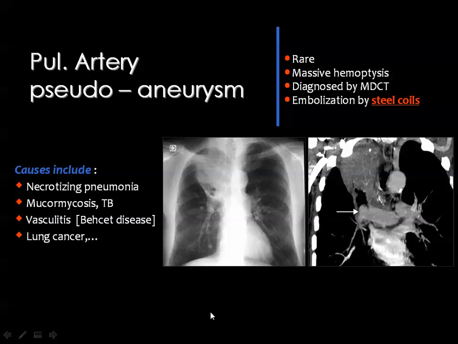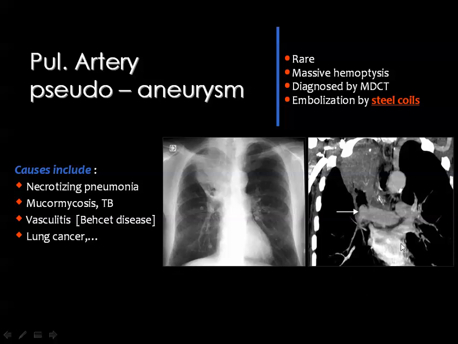And also, you remember I have mentioned this example before, which is a pulmonary artery pseudoaneurysm secondary to bronchogenic carcinoma. This patient had a bronchogenic carcinoma in the right upper lobe that has eroded the pulmonary artery on the right side, with the resultant small pseudoaneurysm here, which is amenable to rupture anytime.